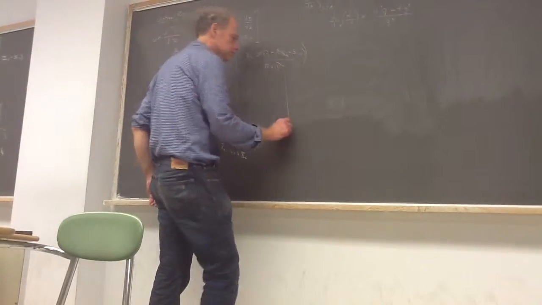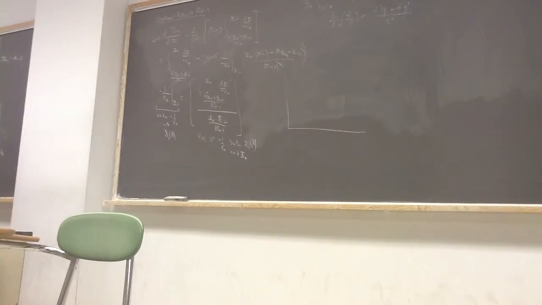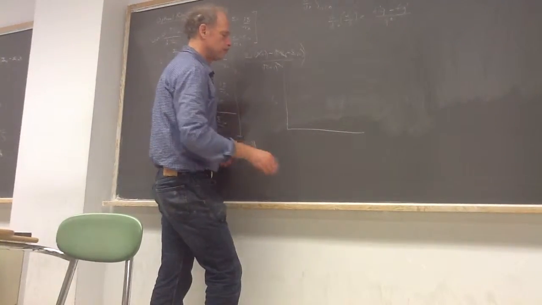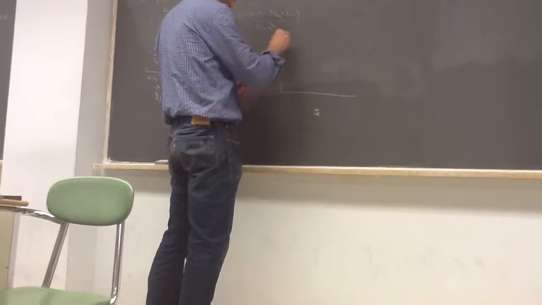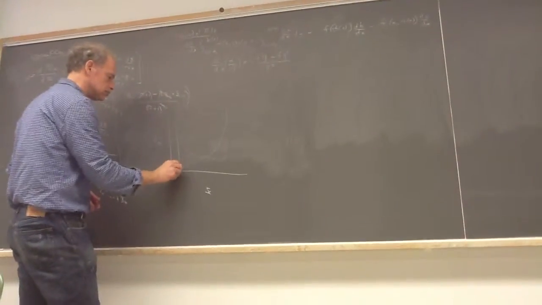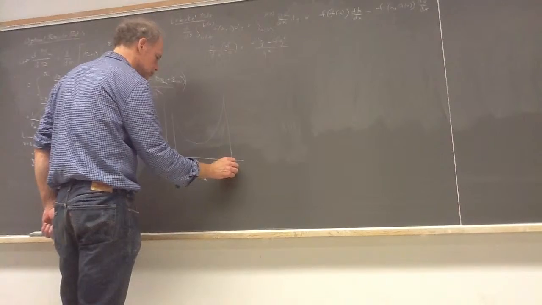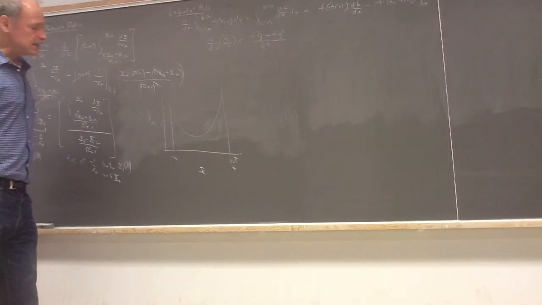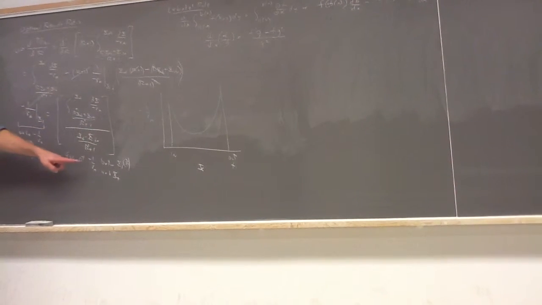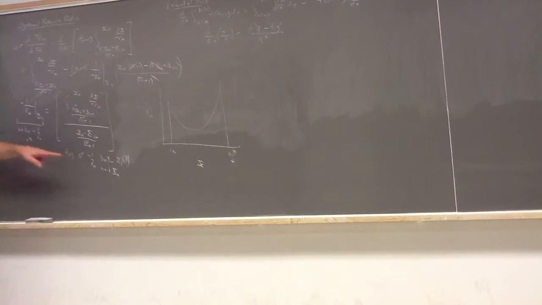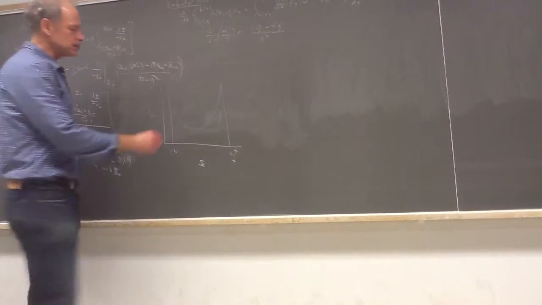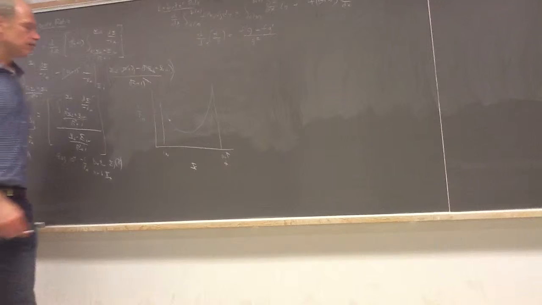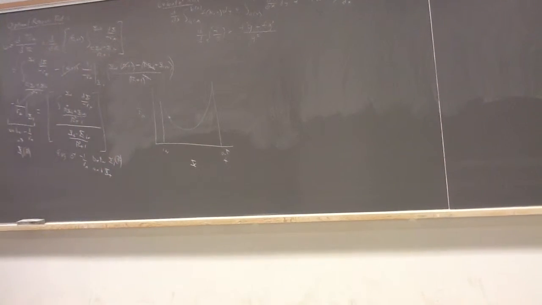Let's redraw it. What it says is, when the average value of the curve between x1 and xf equals the height of the curve at x1. So let's look around, say, here.